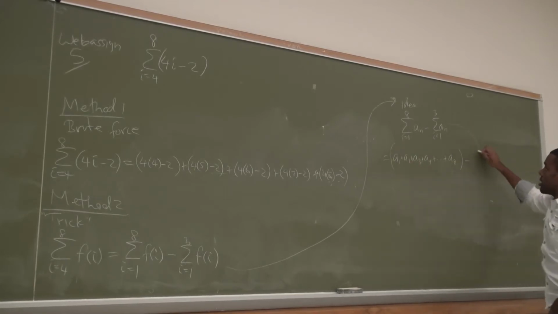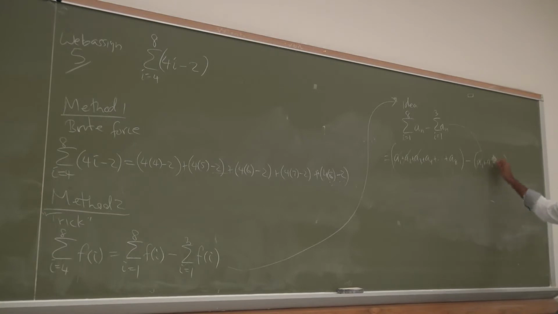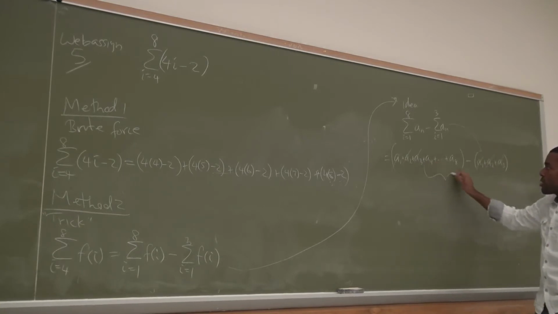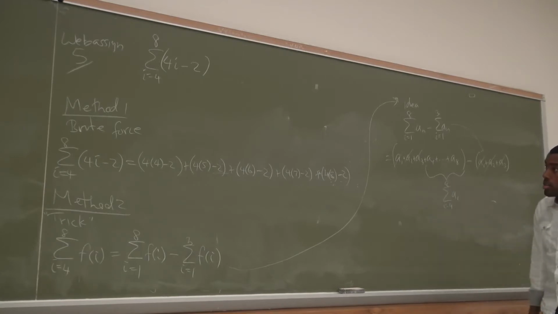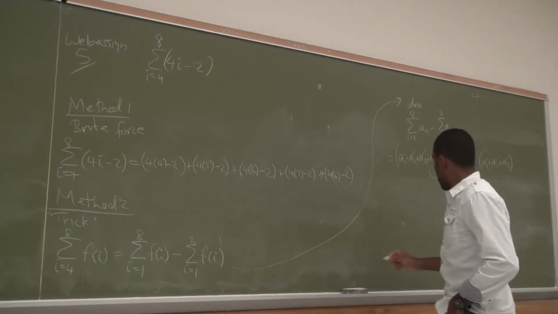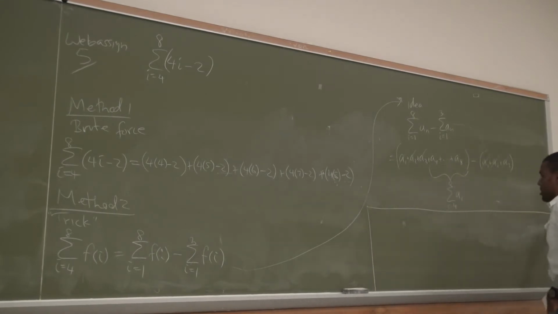And then from this, I would subtract a1 plus a2 plus a3. Right? So then I'm left over with the sum that goes from 4 to 8. That's the idea.